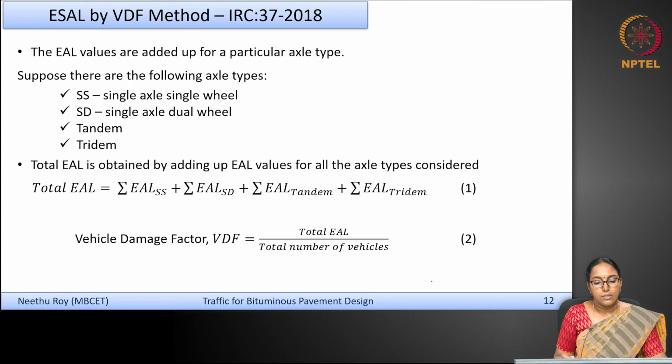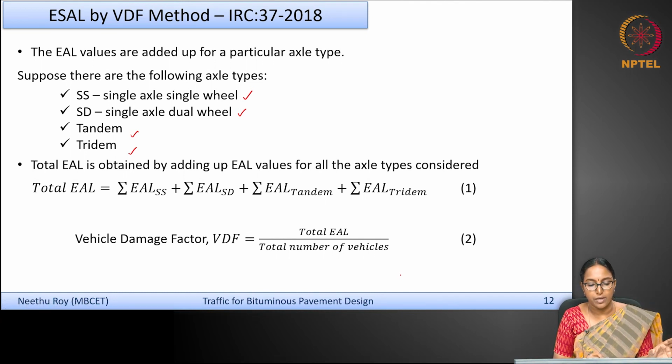So for a particular axle type, you have different axle load groups. You add all the equivalent axle load values together to get the total ESAL corresponding to that axle group. Say for example, you have different axle types such as single axle single wheel, single axle dual wheel, tandem axle, tridem axle, etc. From the traffic, you have divided all the single axles from all the vehicles together, put them in different class groups, and determined the equivalent axle loads for that.